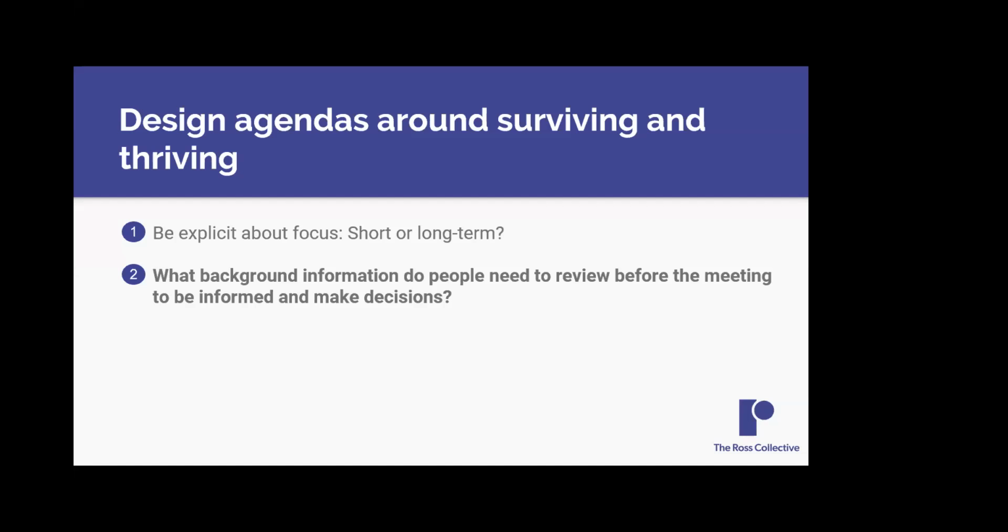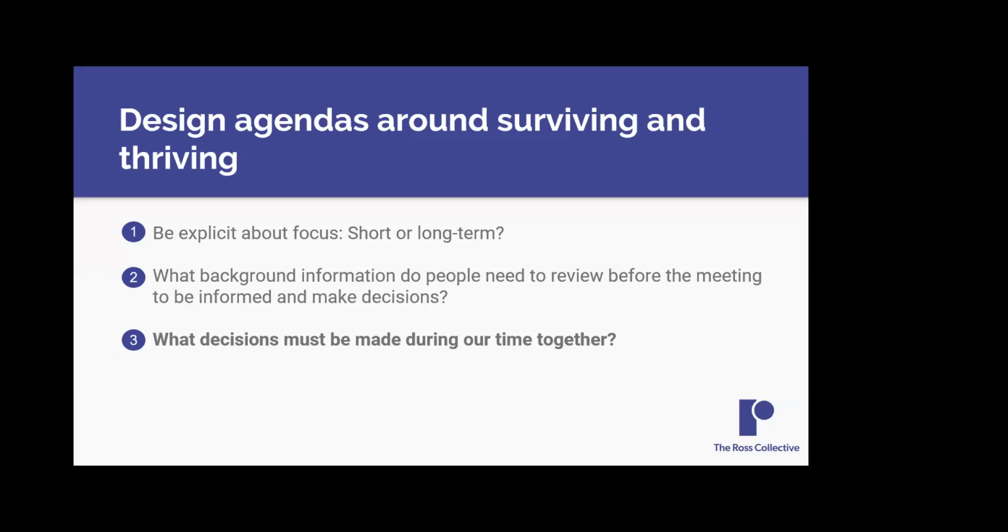And there's something about this virtual format where people do seem to sometimes lose their documents or have more trouble finding information. So again, sending out information, making it redundant, sending it out a few times, really understanding that people may or may not be functioning at their highest brain power at this time, and being clear about what decisions need to be made during our time together.